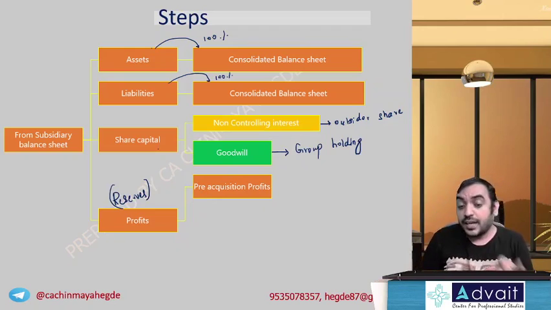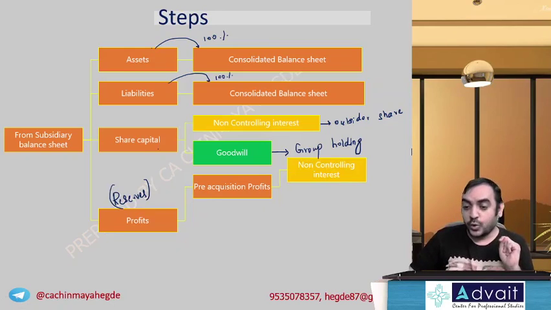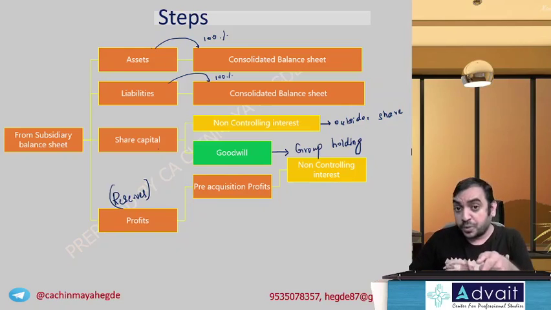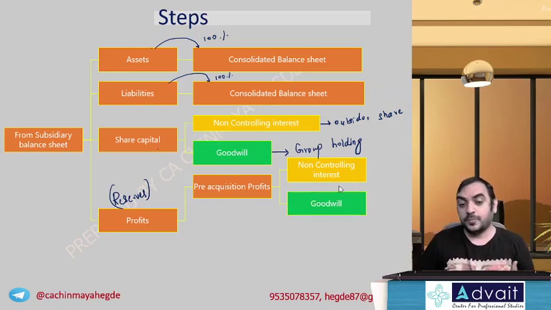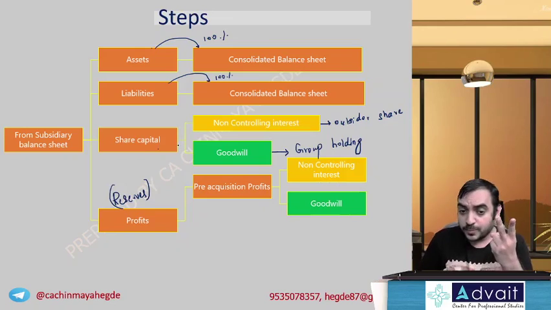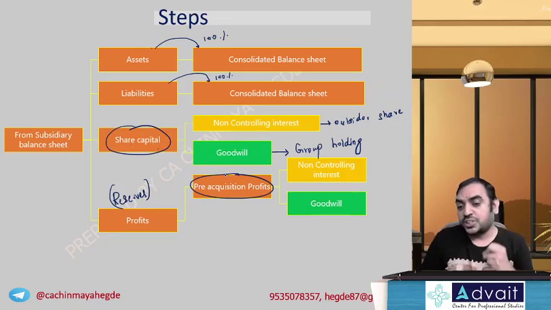Pre-acquisition profits: again, the outsider share will go to non-controlling interest. And the pre-acquisition profits relating to the holding company share will again come to goodwill. You see, two things are coming to goodwill: one is share capital, the other is pre-acquisition profits.